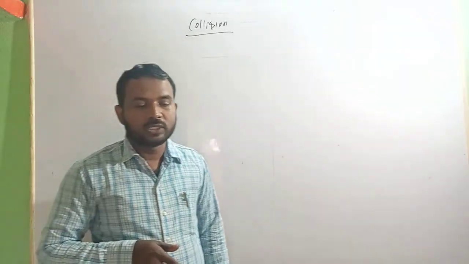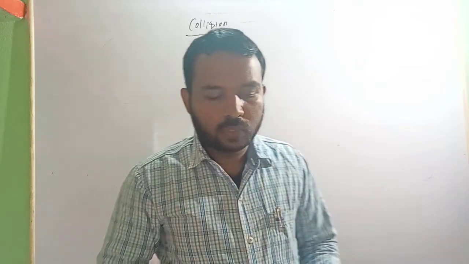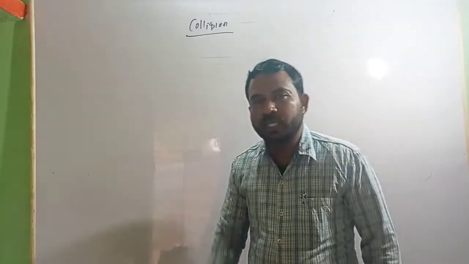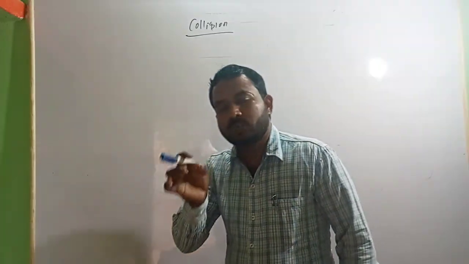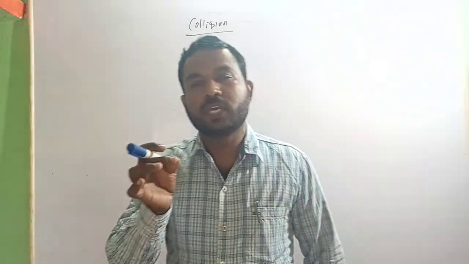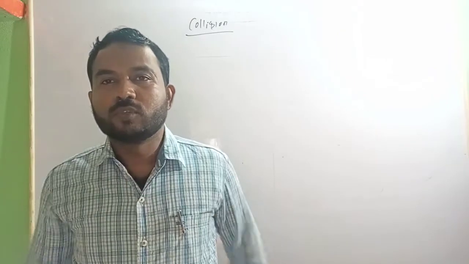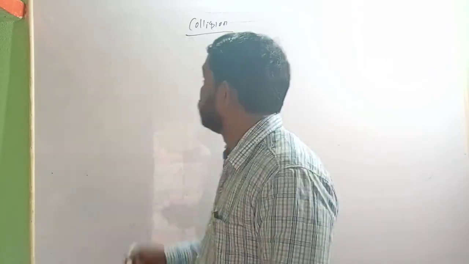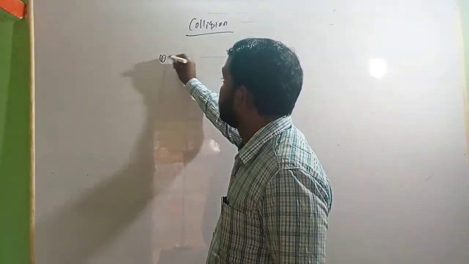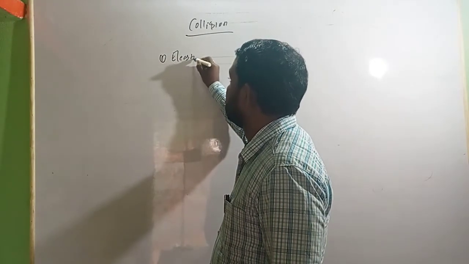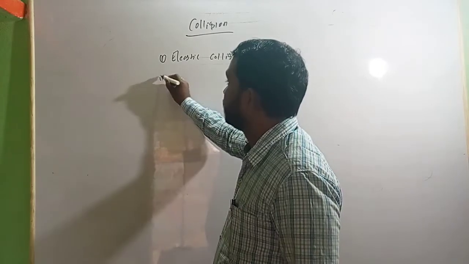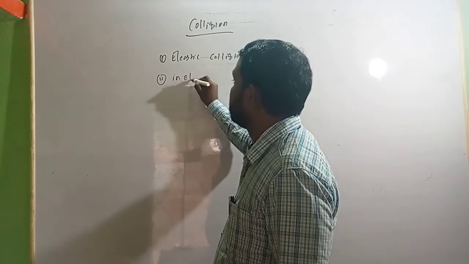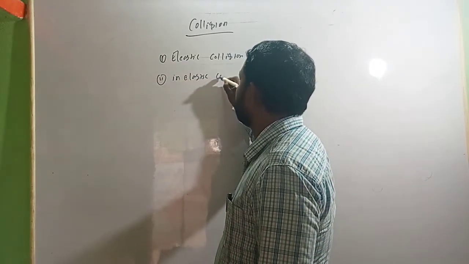So collisions, you can write, are the mutual interaction between two objects during their motion. It is of three types. One is the elastic collision. Second we have inelastic collision.